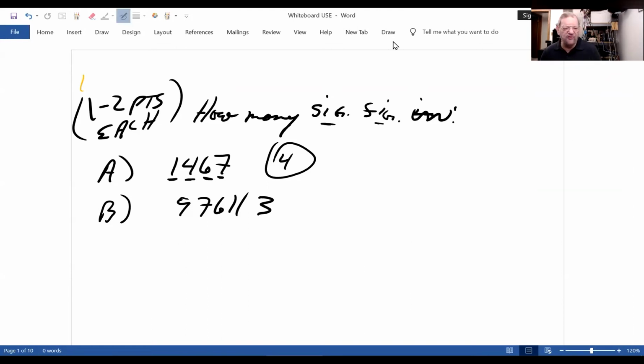Remember, all non-zero numbers are significant. So 1, 2, 3, 4, 5, 6. This has 6 significant figures. And you were right. All right, now let's do another one because there are a lot we have to practice.